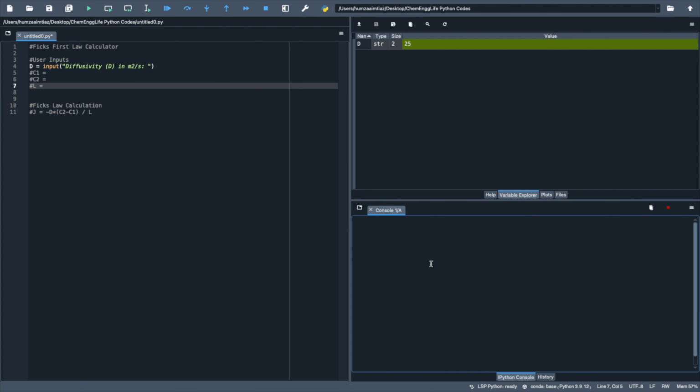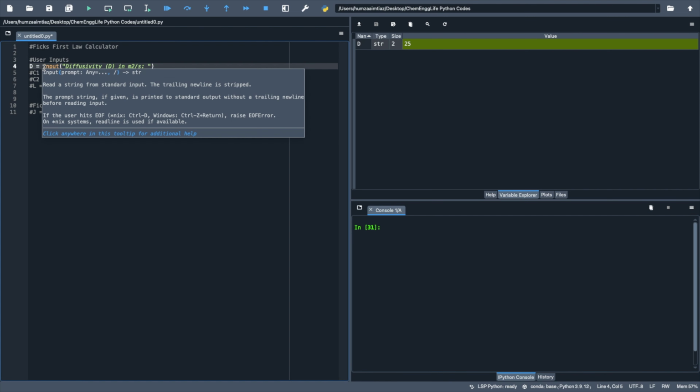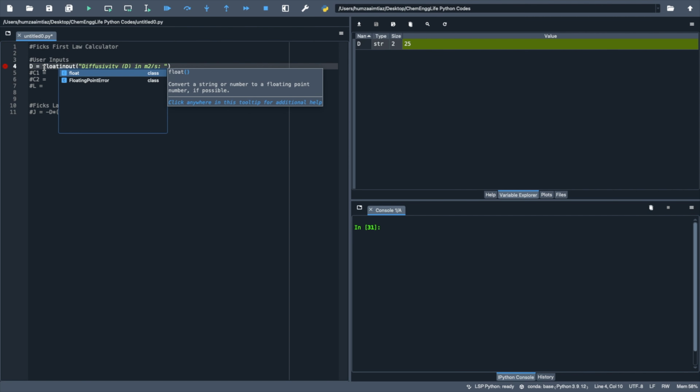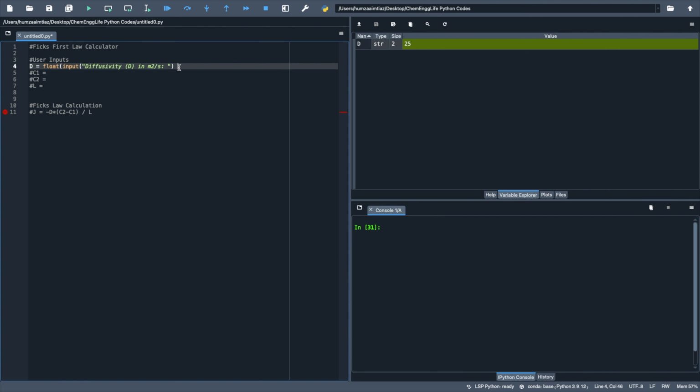So we are going to convert that into a float data type. A float is a data type that uses decimal numbers in Python. Then I'm just going to copy and paste this there, and we'll get rid of the comment.